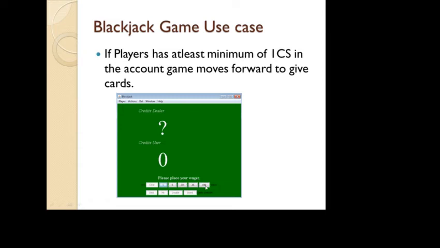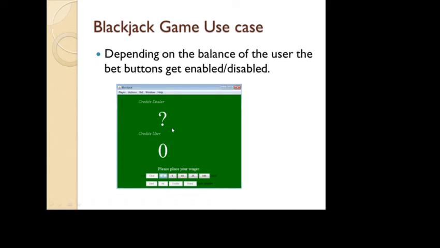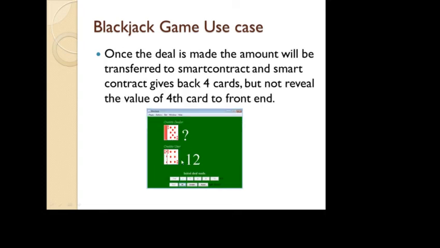Once you place a bet of, say, 100, all these buttons will get disabled so that you cannot bet more than what you have. Once the bet is placed, a call will be made to the smart contract, saying the bet is placed, give us basically one card to the user, one card to the dealer, one card to the user again, and one card to the dealer.